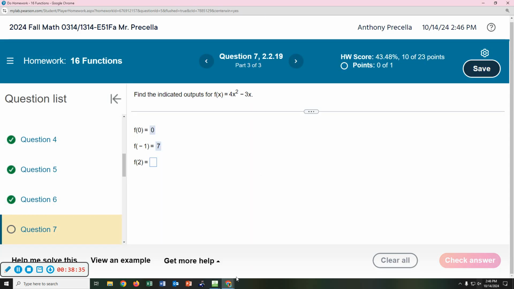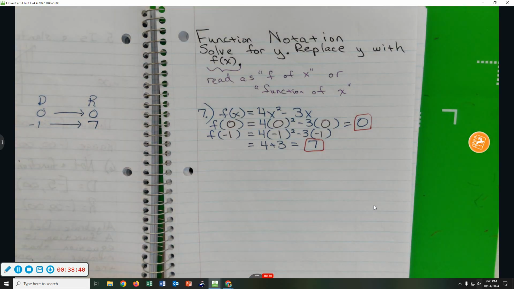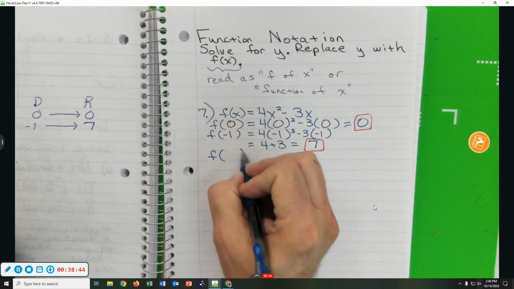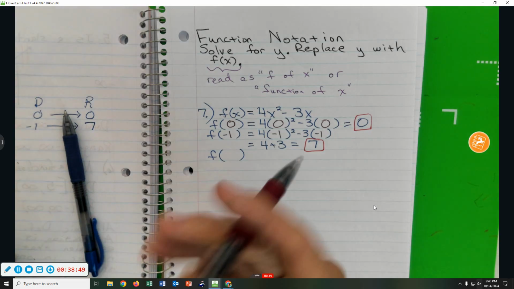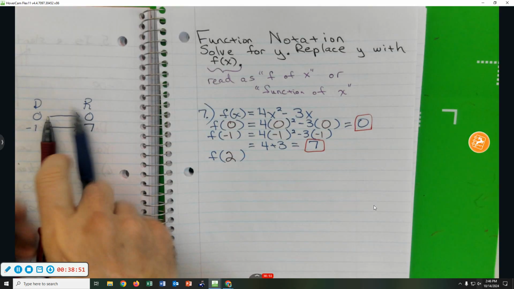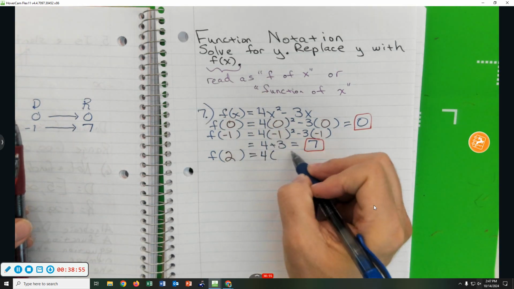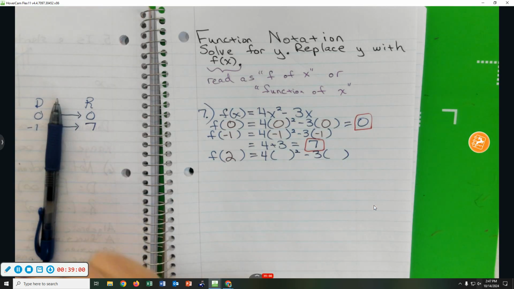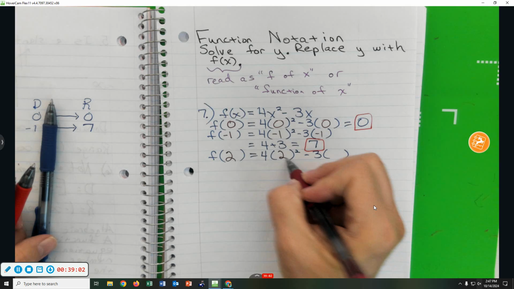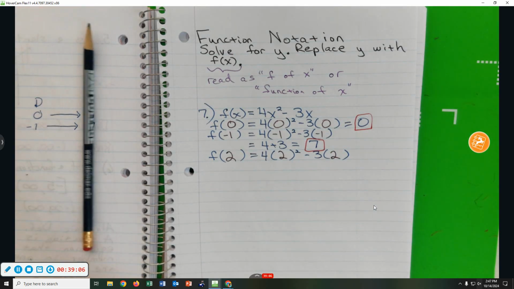f of 2. So that says go to your function f. Go to your function f, and wherever you see a variable, replace it with 2. Whatever's in the parentheses, you're going to plug in for x. So we replace each x with 2, and then use the order of operations to simplify.